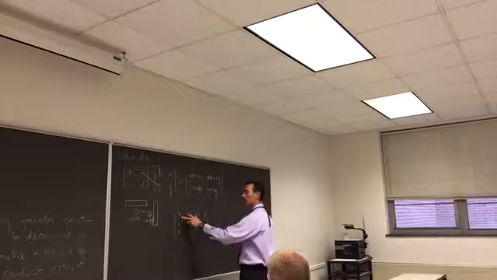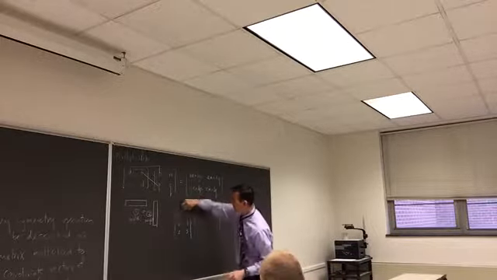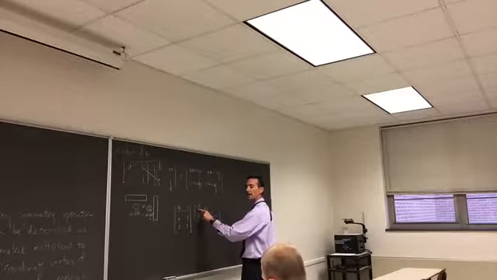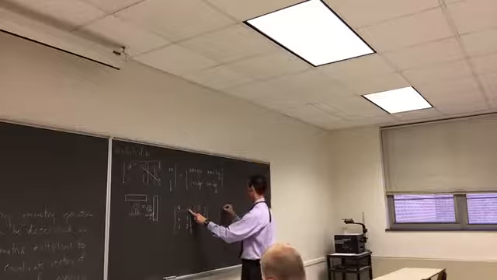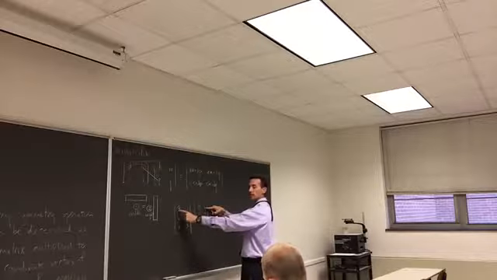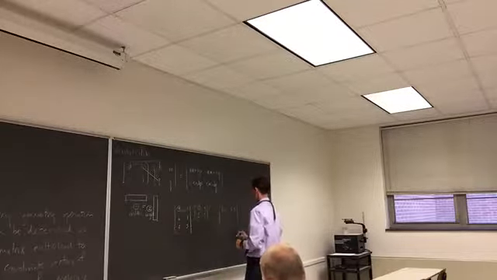Okay. So our first entry is found by taking the first row times the first column of the second matrix. So 4 times 5 plus 1 times 2. So 20 plus 2 is 22. Then we take the first row and go to the second column. 16 and 7, 23.